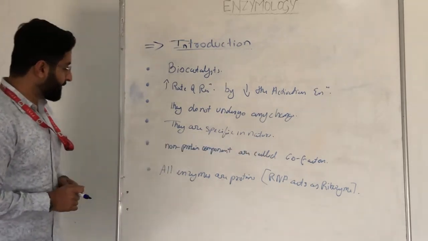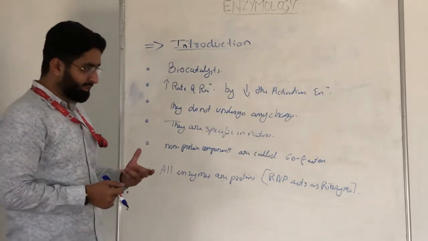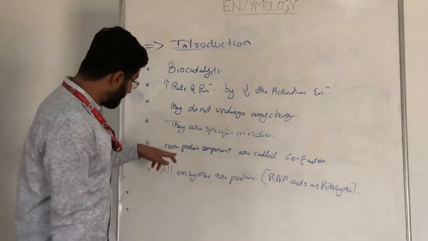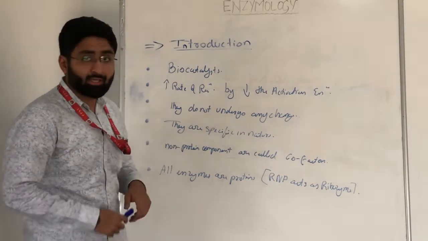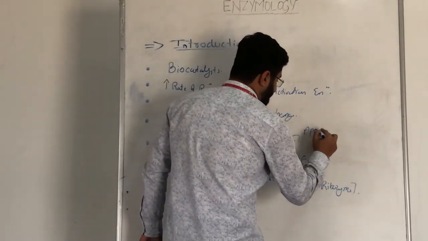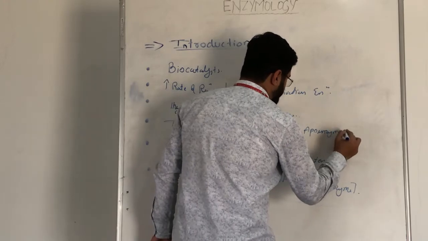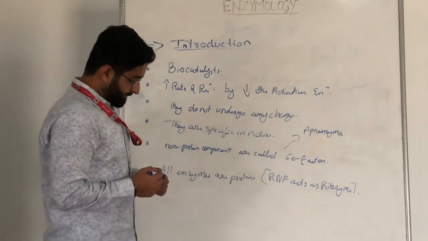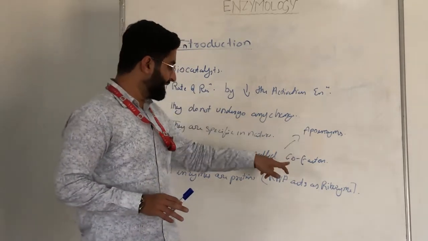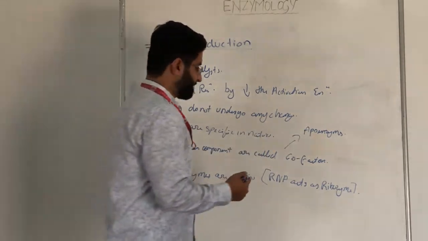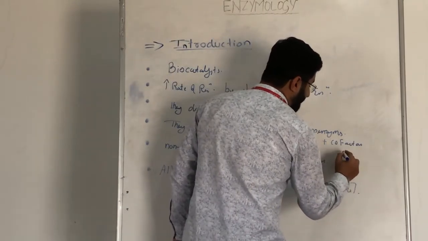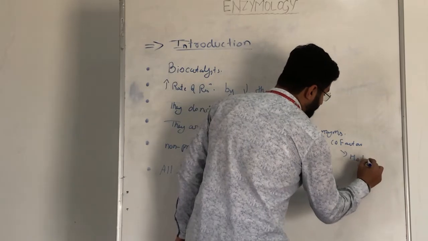Coming back, in the inactive state, when enzymes do not undergo any catalytic activity without the presence of this non-protein, they are called apoenzymes. They are the inactive enzymes in general, but when they get a cofactor, they become holoenzymes.